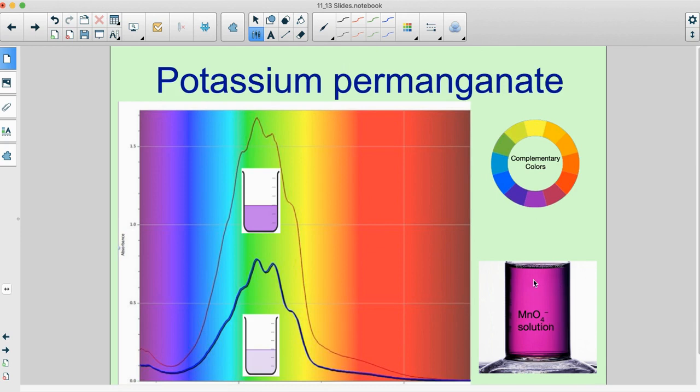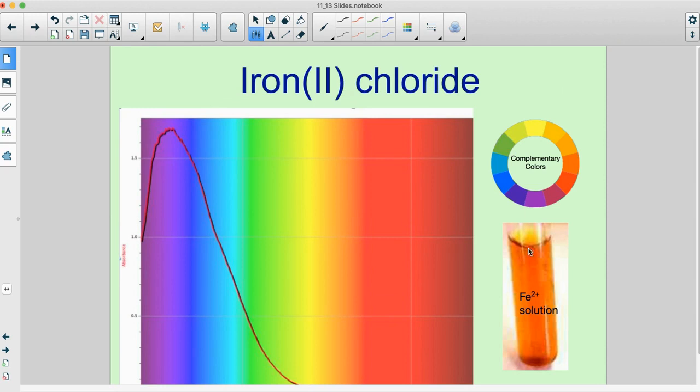Potassium permanganate, this purplish color, similarly absorbing in the green. And we can see that a concentrated solution has a higher absorbance than a more dilute solution. And again, here you can see the complementary color in between green and yellow. And this Fe+2 solution, kind of an orange color, is absorbing strongly in the purple.